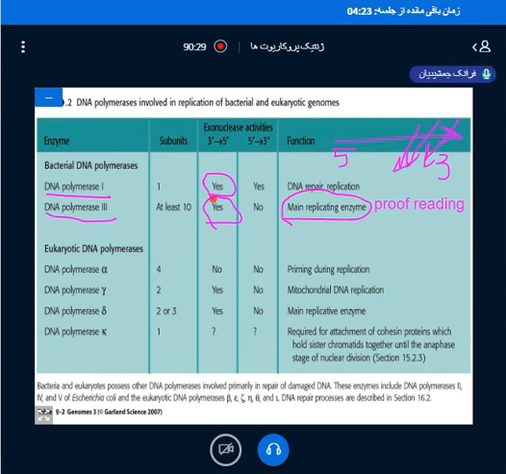So tell me, does DNA polymerase 1 have the proofreading activity? Yes, yes.